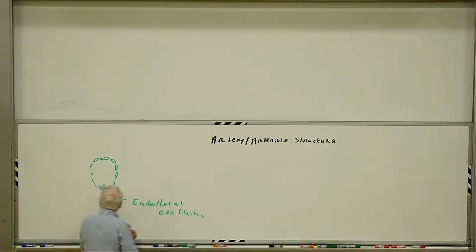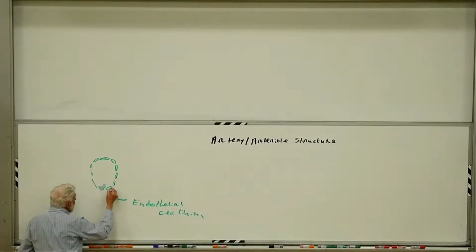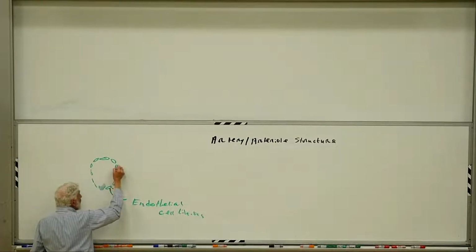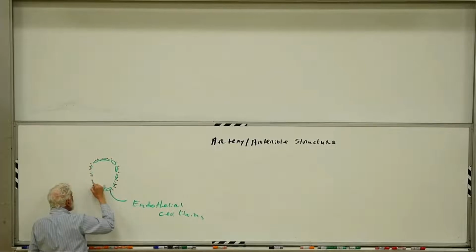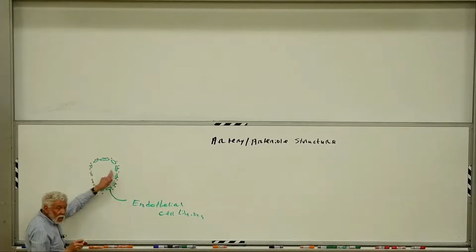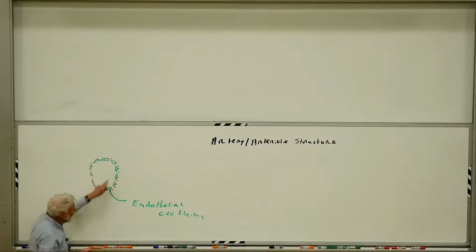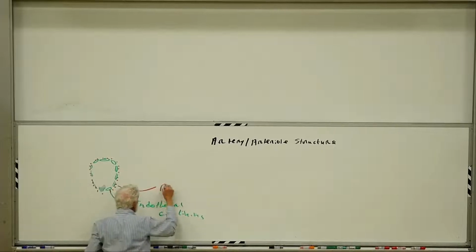The endothelial cells are attached to a basal lamina. In some of the bigger arteries like the aorta, there's a fairly thick layer of connective tissue in here, but we'll label this as basal lamina.